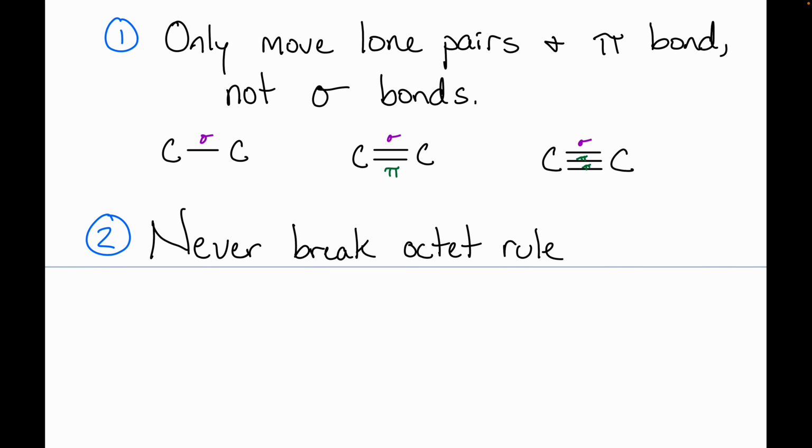There is one exception. What exception is there? Whose atom do we sometimes break the octet rule for? Carbon, and specifically in forming those carbocations that have fewer than 8 electrons. Carbon will still never have more than 8 electrons, all right? So you don't want to overload its octet rule, but we are going to put except those carbocations.